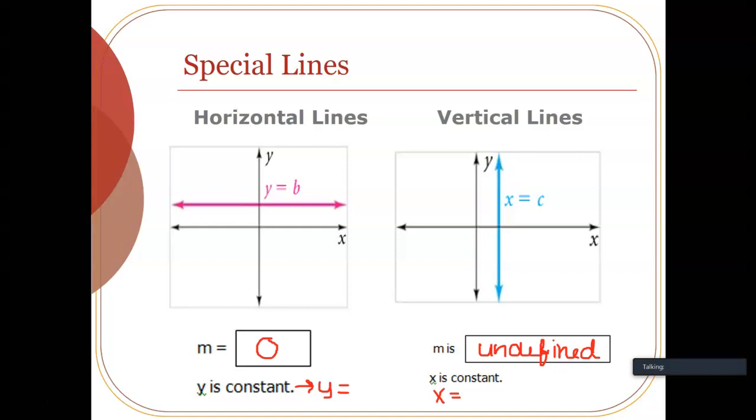The reason it's undefined is because you will always get a number over 0. And we know that dividing by 0 is always a no. 0 divided by a number is okay. So a number divided by 0 is no.